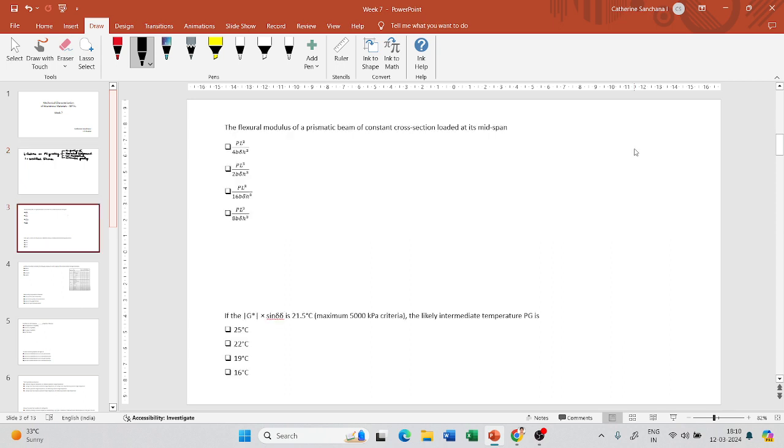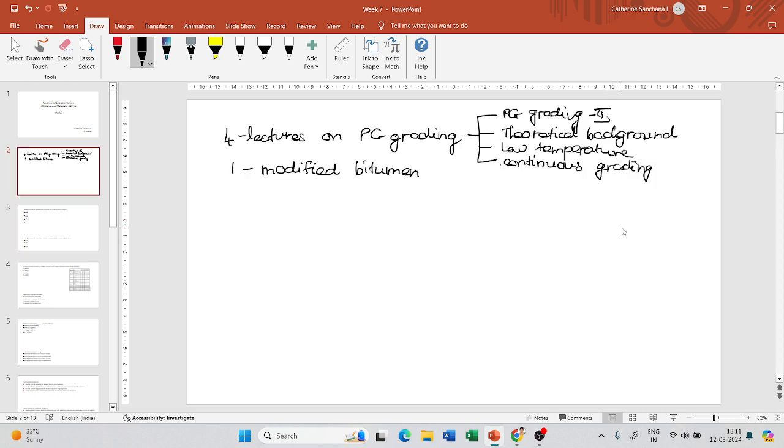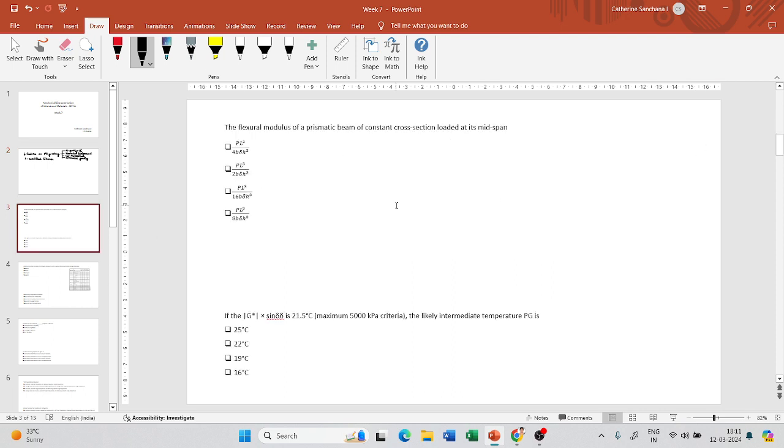The flexural modulus of a prismatic beam of constant cross section loaded at its midspan. First we need to understand from where this question has been asked. Out of these 4 topics, under which topic does this question come?